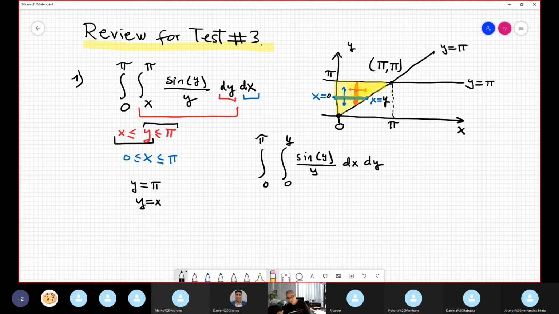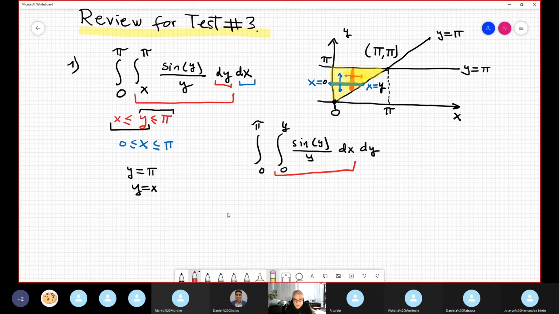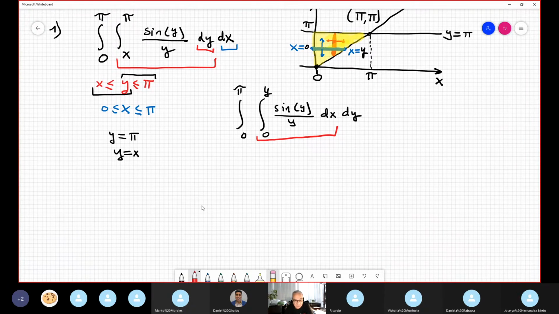Okay, so the first integral you are doing using x and the integrand function. We are doing this integral first. I copy the integrand function. I don't know if it's good for you or not.